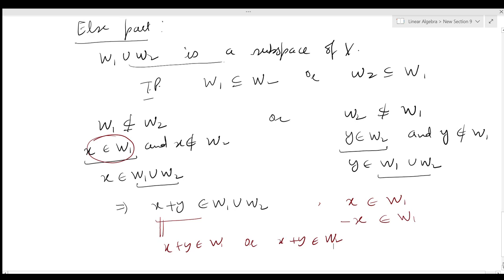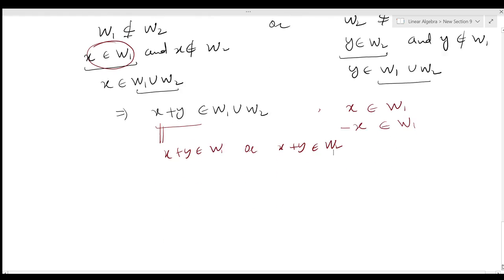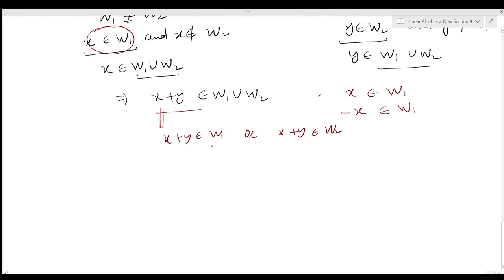Suppose x plus y belongs to W1 and minus x belongs to W1. As W1 is a subspace, we can add these two, that means x plus y minus x belongs to W1. By commutativity of addition, we can write y plus x minus x belongs to W1.